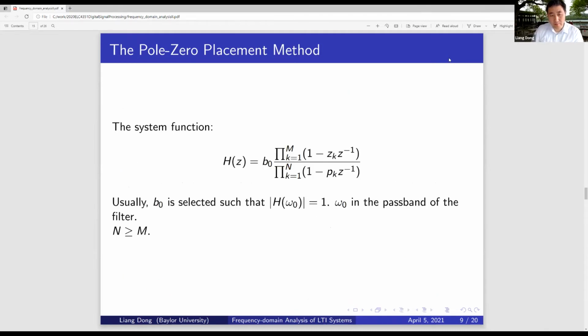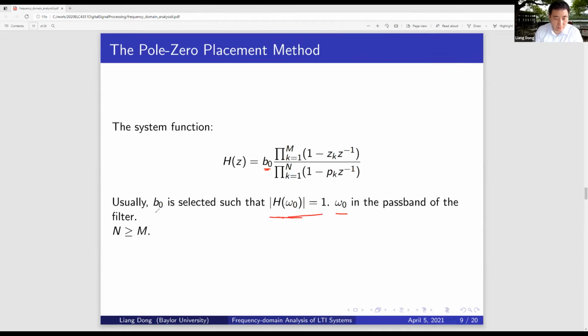For the pole-zero placement method, the system function for my filter, capital H as a function of z, is in this rational format. Usually we can pick this B naught such that the passband amplitude is 1. So when omega naught is in the passband of the filter, then the absolute value of H is equal to 1.